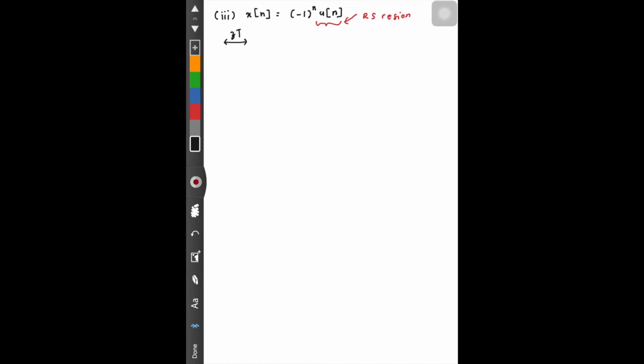First you need to determine the Z transform of x[n], so X(z) equals 1 over 1 plus z^-1. How do I know? The minus 1 comes from your pole value, which you get from your denominator part.